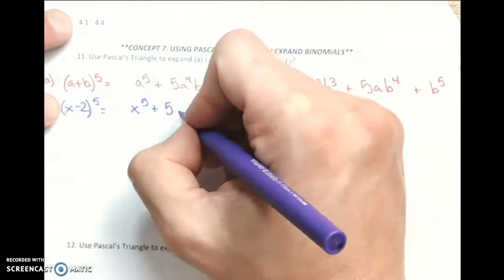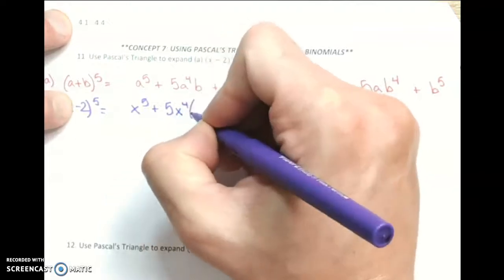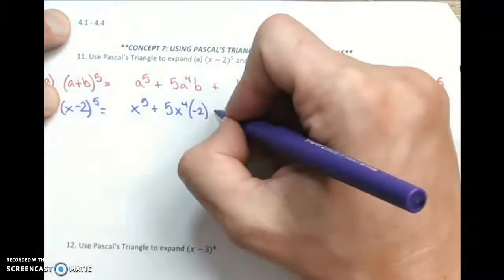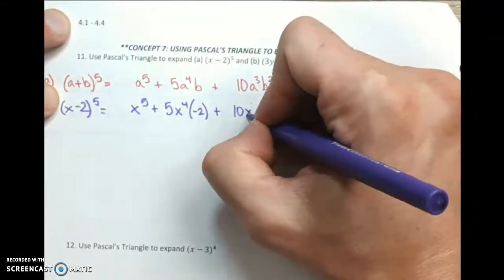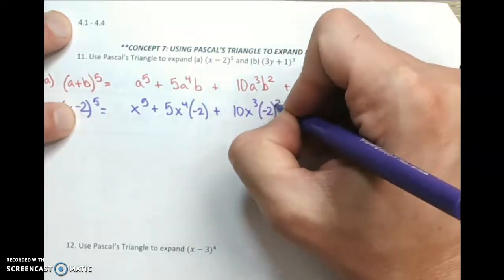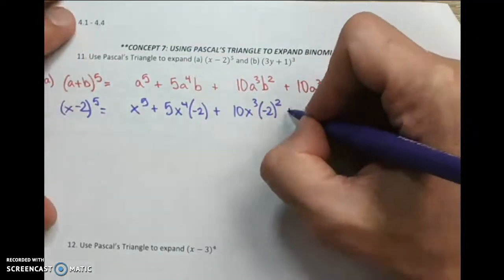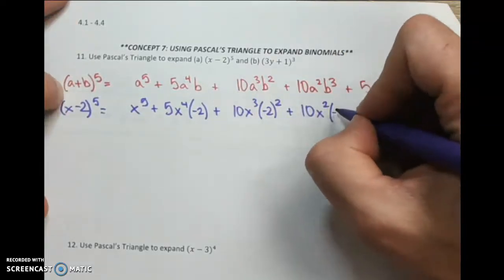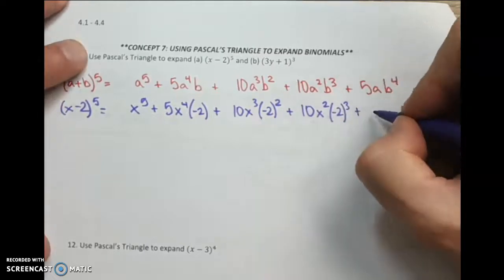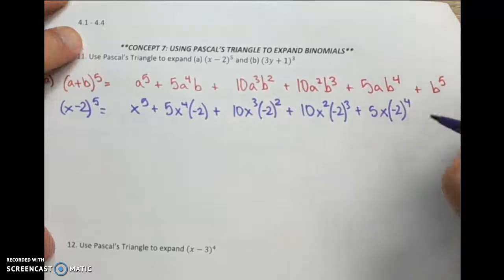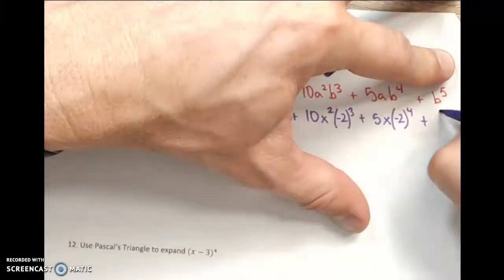Now it's x to the 4th power times b, which is negative 2 in this case, plus 10 x to the 3rd power, that a term, and then it's negative 2 squared, that b term squared, plus 10x squared, and that's that b term cubed, plus 5x times negative 2 to the 4th power, and then it's just plus negative 2 to the 5th power.